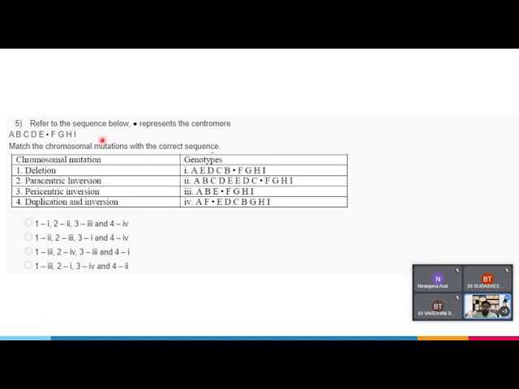The options are deletion, paracentric inversion, pericentric inversion, duplication and inversion. And the genotypes given are very varied, and you have to match which exactly the abnormality that we see here is compared to the sequence that we have on the right hand side. Only one option is correct. You can go ahead and try this particular question.